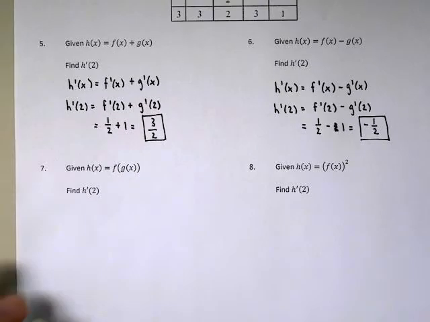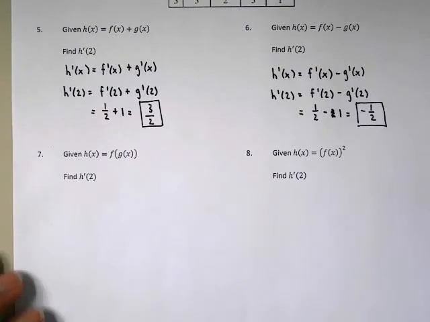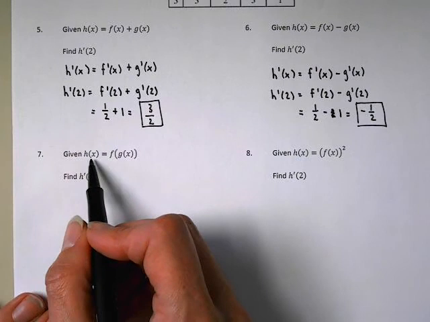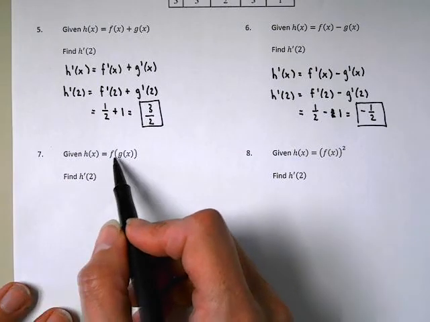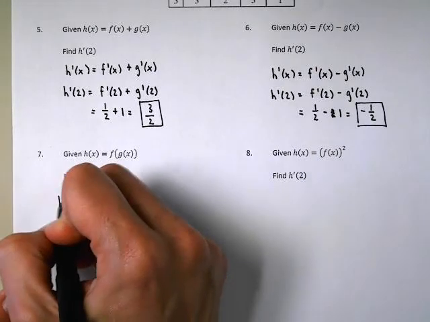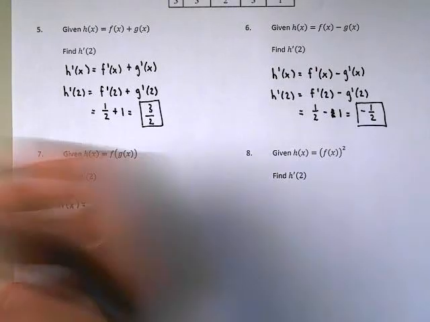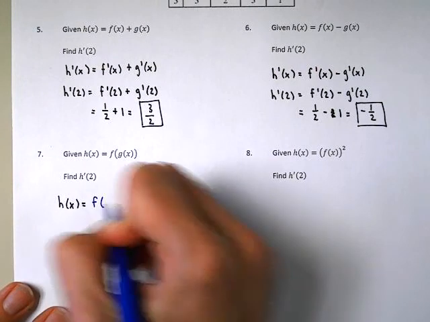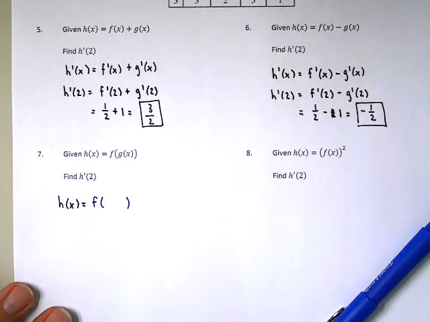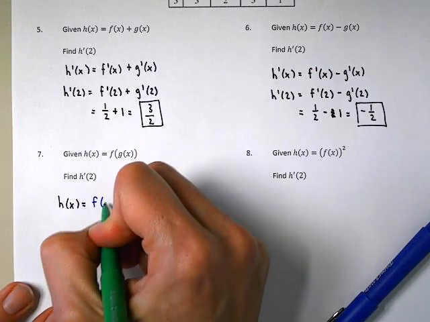All right, now here's where we start to see chain rule. Right? I know that h of x is equal to the composition of the functions f and g. So it's f of g of x. So if we want to think about using color here, we know that our outside function is f, and our inside function is g.